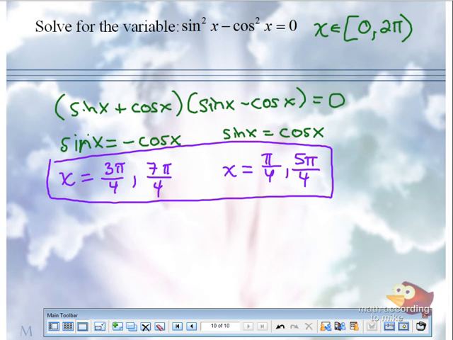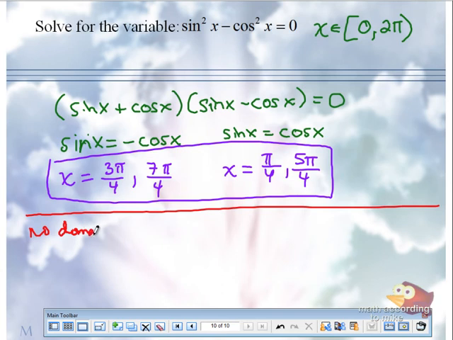But as an added bonus, what if they did not have that restriction? So no domain restriction. If that were the case, notice that pi over 4, 3 pi over 4, 5 pi over 4, 7 pi over 4 all differ by pi over 2, 90 degrees.